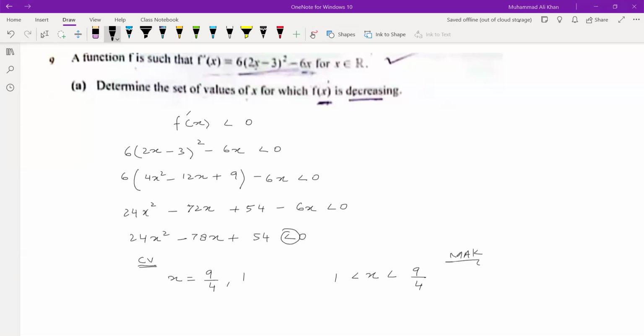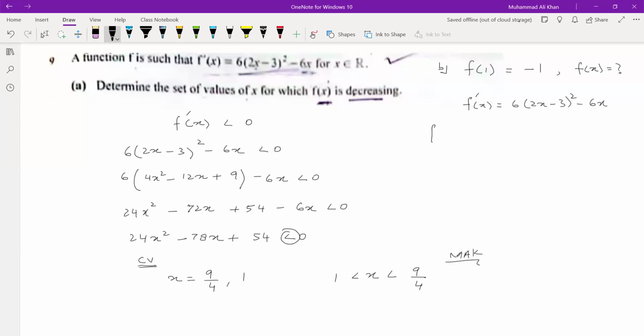And now the second part is, given that f of 1 equals minus 1, find out the function f(x). So it means we have to integrate the question f dash x equals 6 times (2x minus 3) whole squared minus 6x.